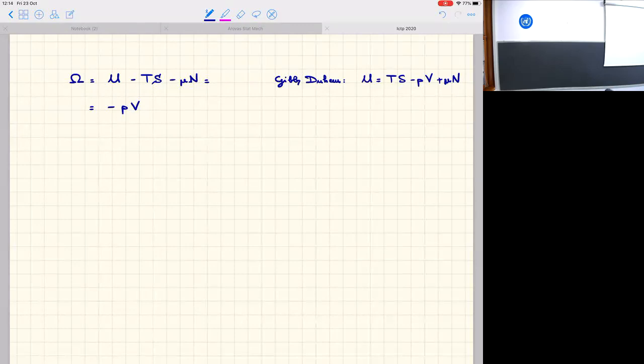So if I want to get the equation of state for the ideal gas, it's enough to show that for the ideal gas, the grand potential is minus N times R times T. In addition, if I want to generalize this equation of state for an interacting system, it's enough to calculate this grand potential for an interacting system and show how it looks like.